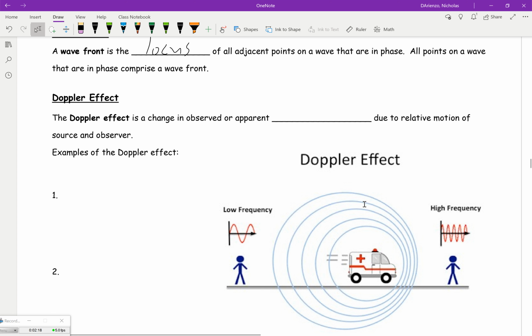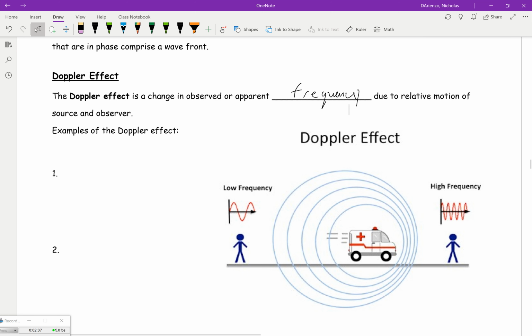Now, the Doppler effect, you're probably more familiar with this than you think. But the Doppler effect is a change in observed or apparent frequency of a light or sound wave due to the relative motion of the source and the observer. Now, I'll give you a couple examples of where we actually use this.